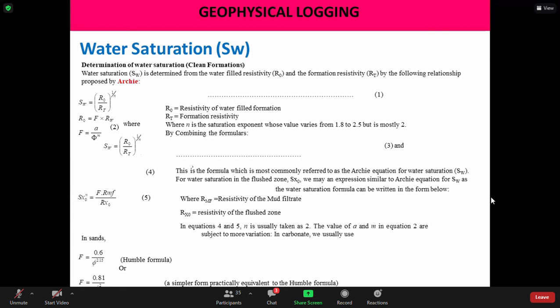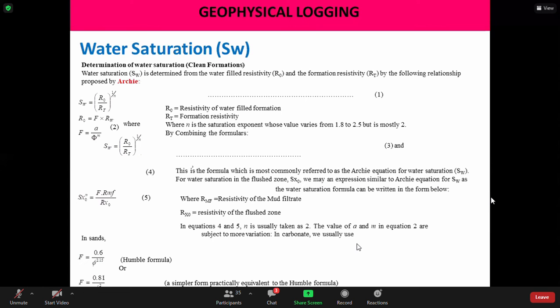I think in your last assignment, I asked what do we mean by effective porosity? What do we mean by total porosity? Is there anybody that can provide answers to that? Effective porosity is the interconnected pore volume or void space in a rock that contributes to fluid flow or permeability in a reservoir.